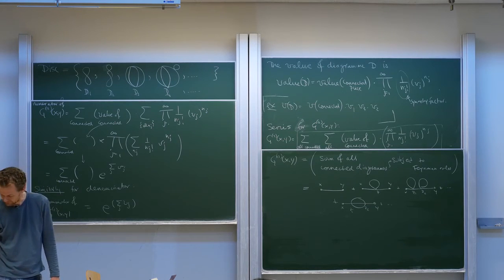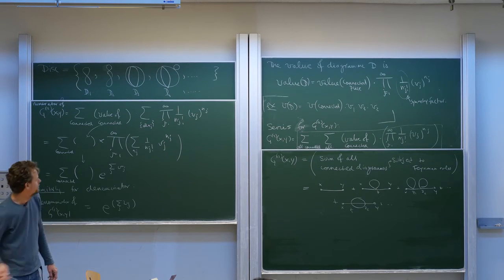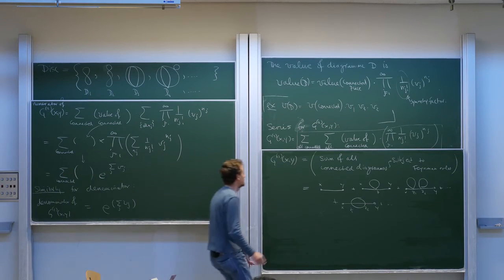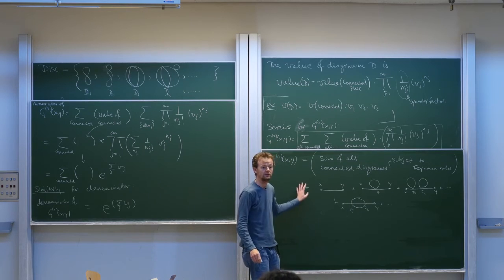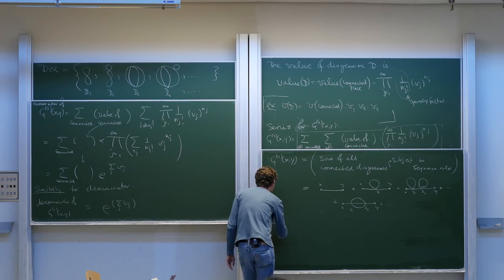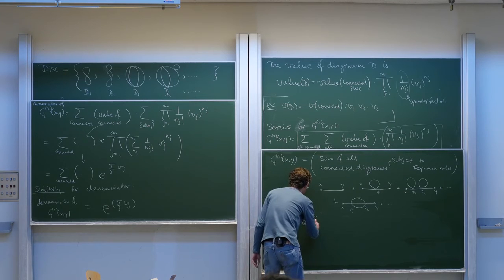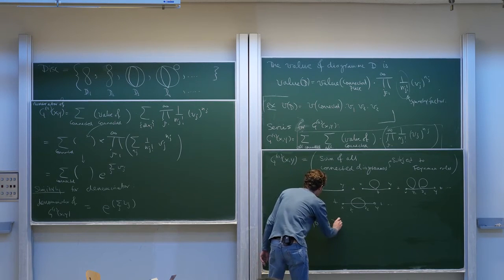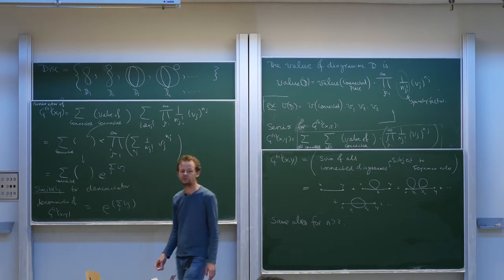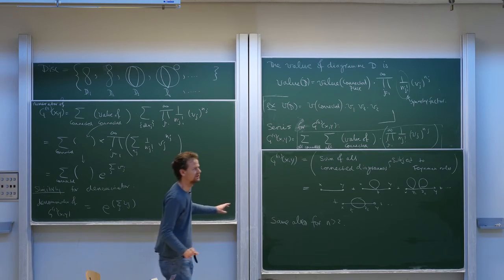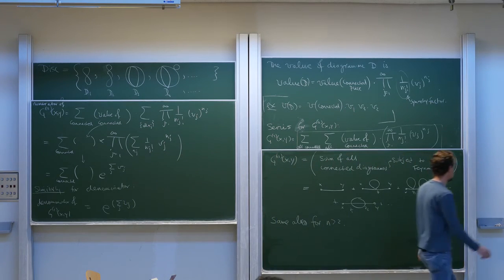Let me just check that I've covered everything I want to cover. Yeah, pretty much. The same result holds for n greater than 2. So there's an analogous statement for n greater than 2.